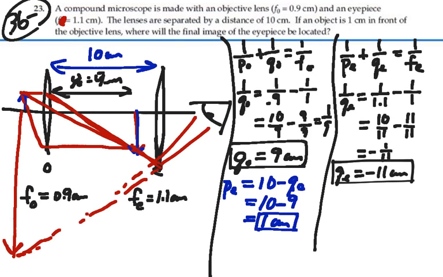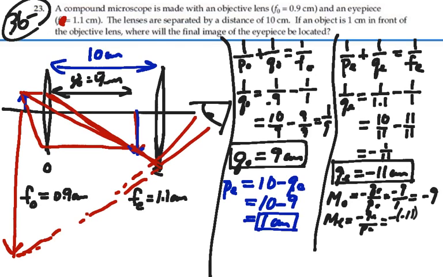Okay, interesting to note further that the magnification for the objective, which is negative q objective over p objective, would be negative 9 over 1, or negative 9. And the magnification for the eyepiece, which is negative q eyepiece over p eyepiece, would be negative negative 11 over 1, or 11.